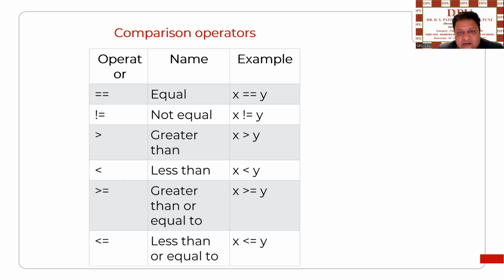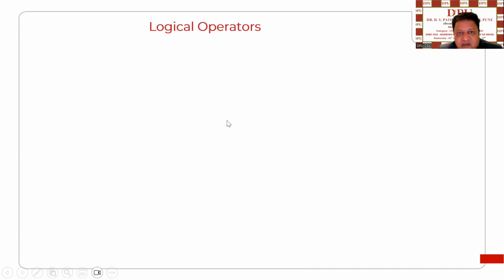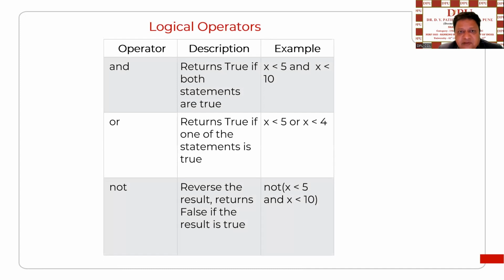To check greater than or equal to, you have to use the equal to sign after the greater than symbol, and to check less than or equal to, we use the equal to sign after the left arrow sign. So I have given examples here. This is the use of comparison operators to check the relation between two numbers or two variables.